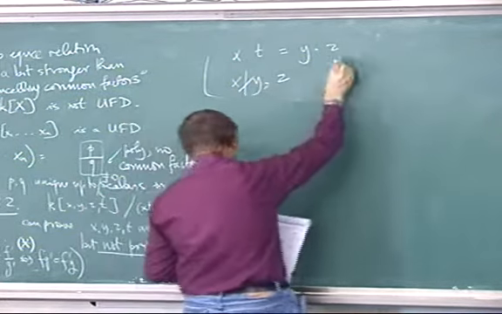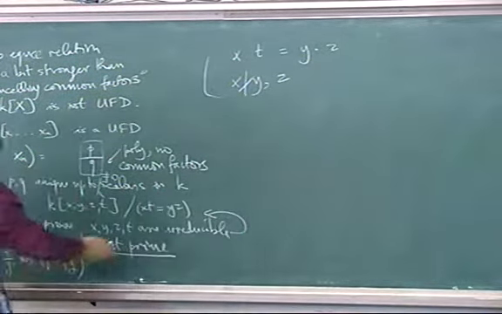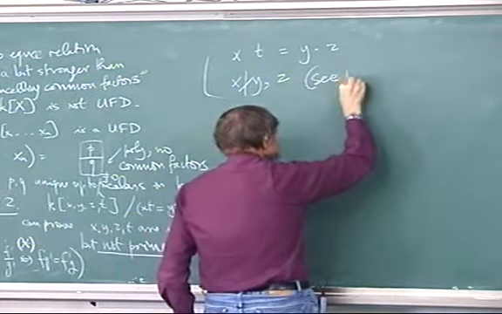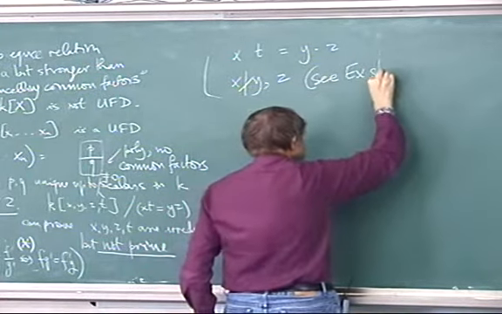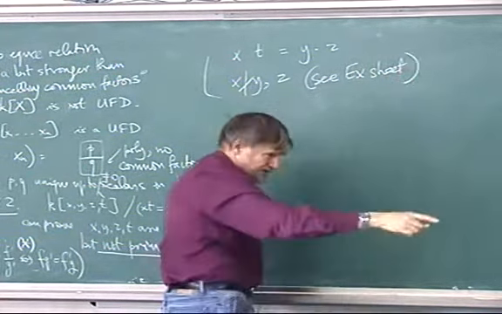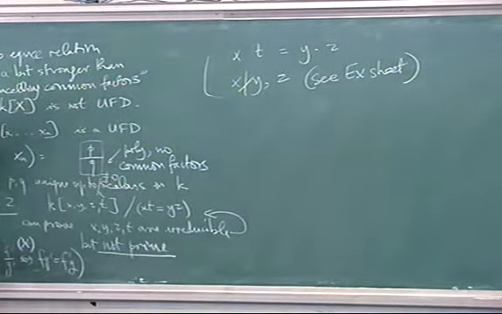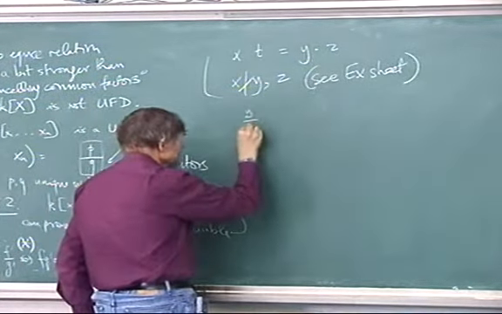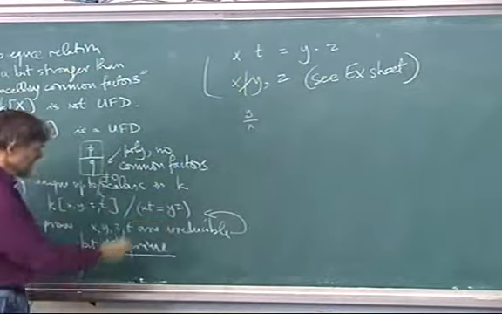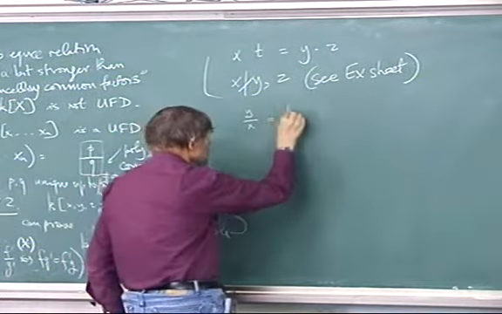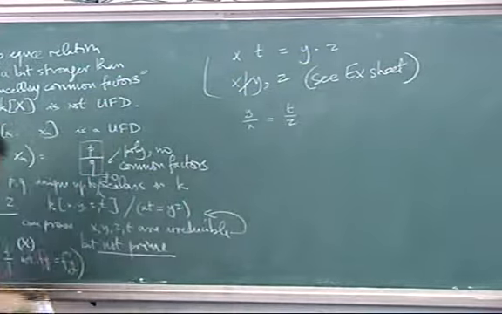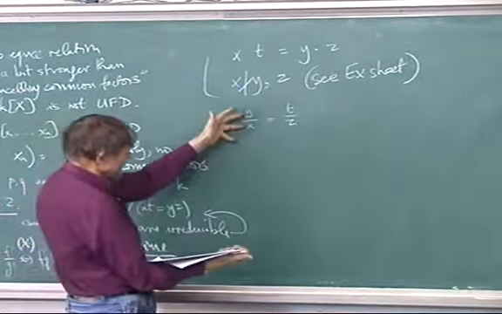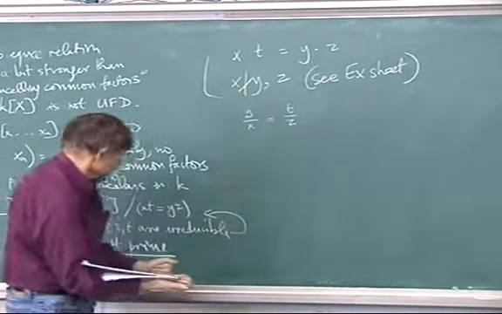So this is one of the examples. This is one of the problems I set on the example sheet to do this properly, right? And this means that if I take, for example, y over x, it's the same thing as t over z. Here I'm getting two different relations, but basically y and x and t and z have got nothing to do with each other.